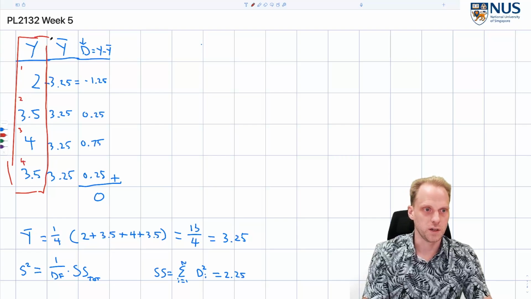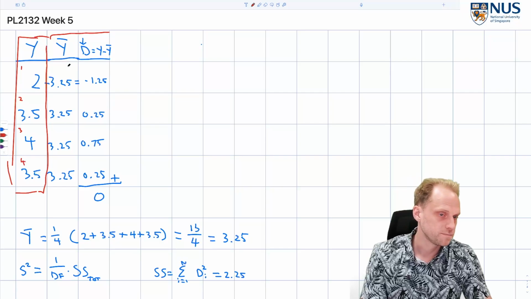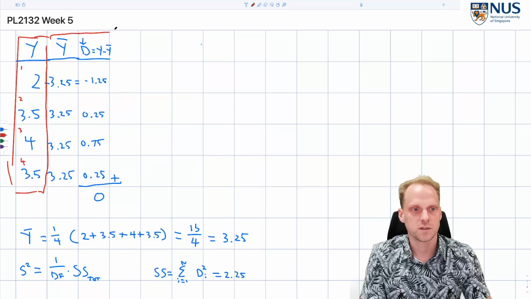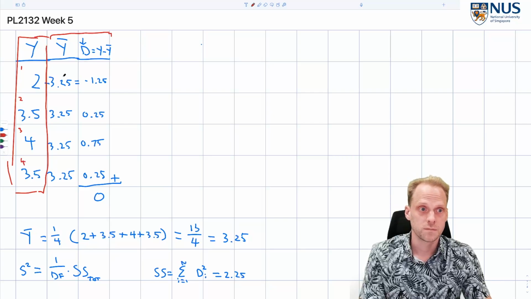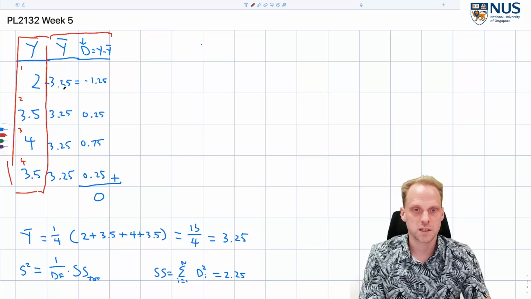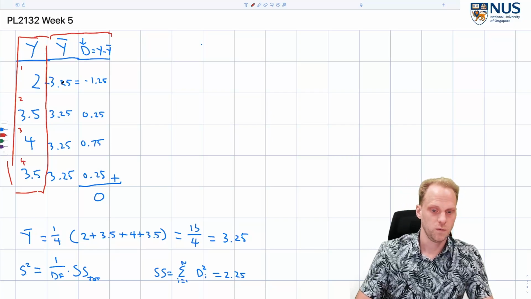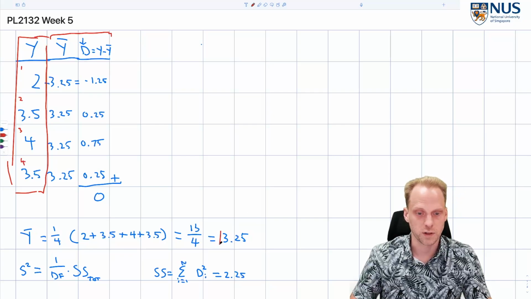Now, anything that we do here are just derivations from the same data. It's just writing this data in different ways. That means that this doesn't actually add any information.